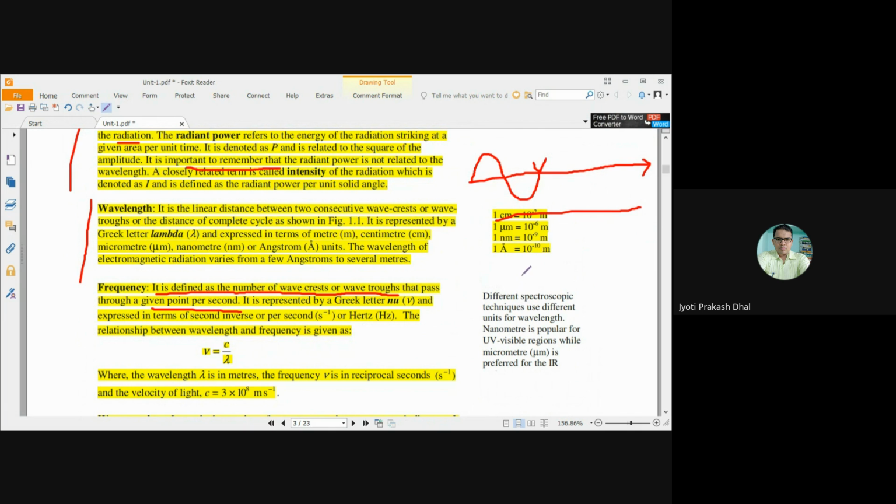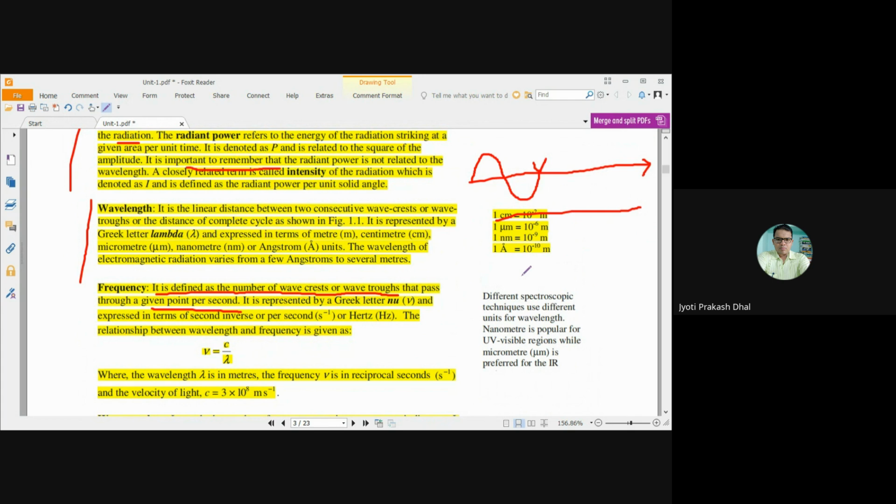The number of complete waves passing through that marking position per second is known as frequency.